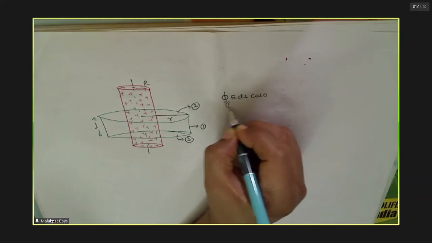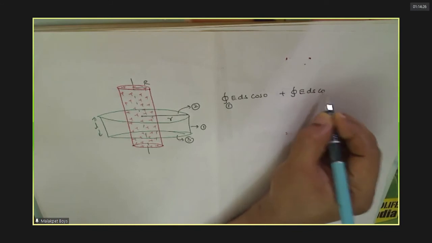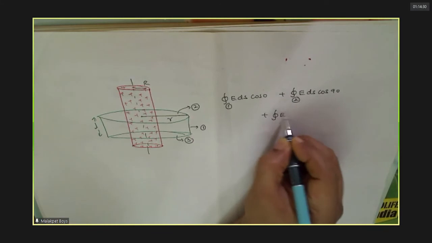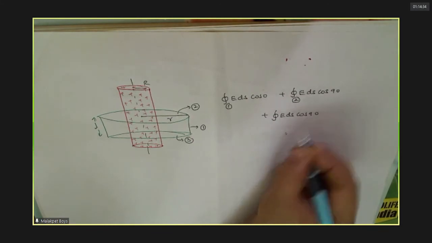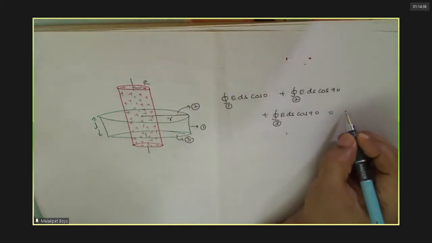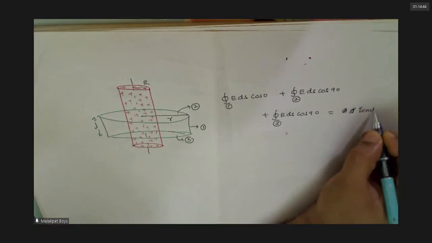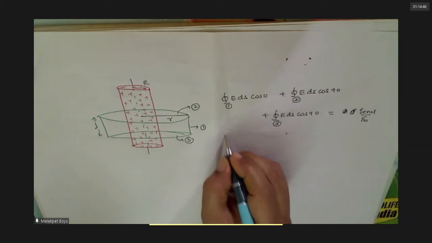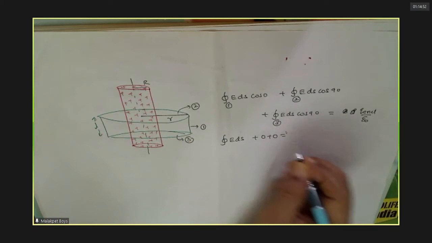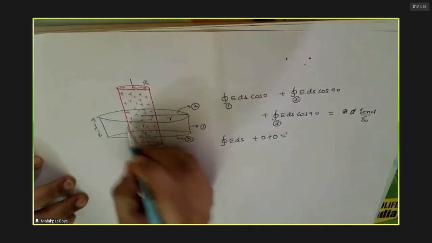For surface 1, surface 2, what is the charge enclosed here? First one is E dot dS. What is the charge enclosed? Volume of this, no?